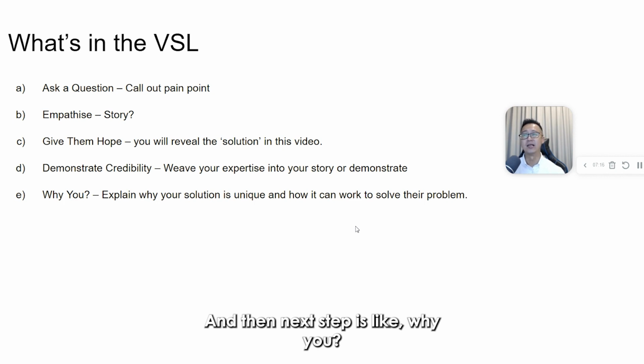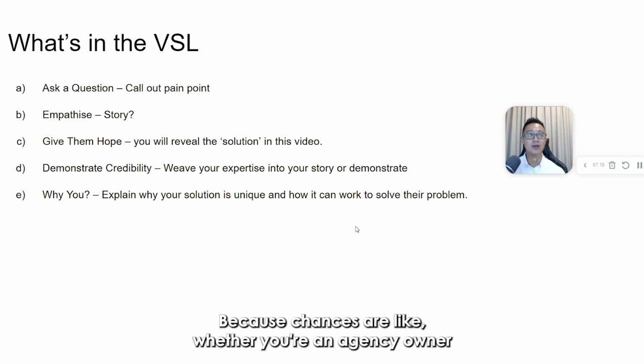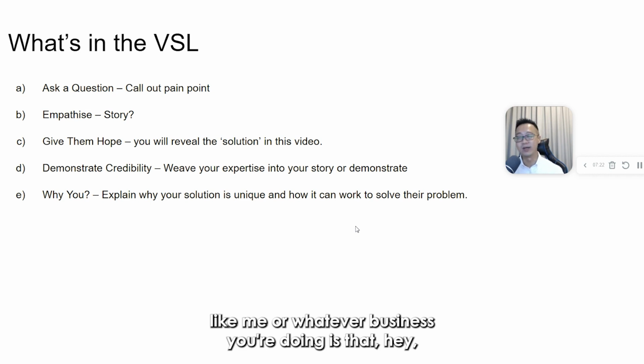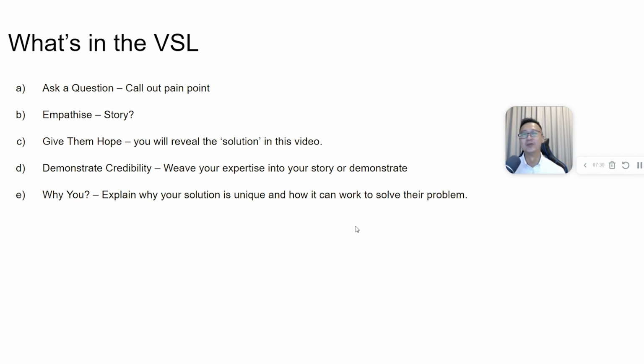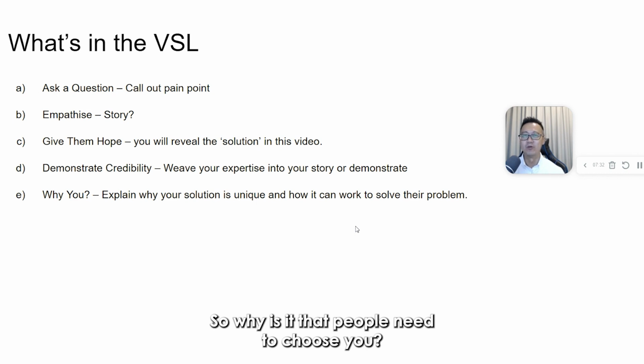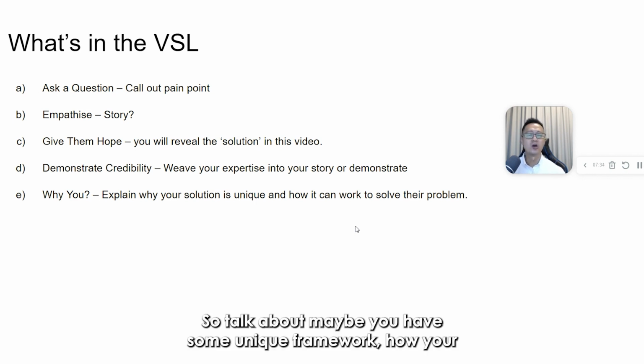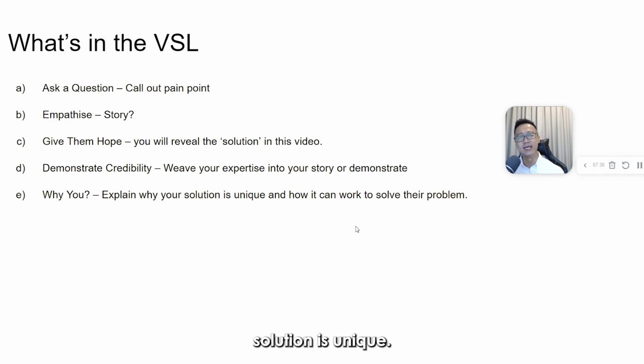And then the next step is, why you? Because chances are, whether you're an agency owner like me or whatever business you're doing, there are 5,000 other people offering the same thing. So why is it that people need to choose you? So talk about maybe you have some unique framework, how your solution is unique.